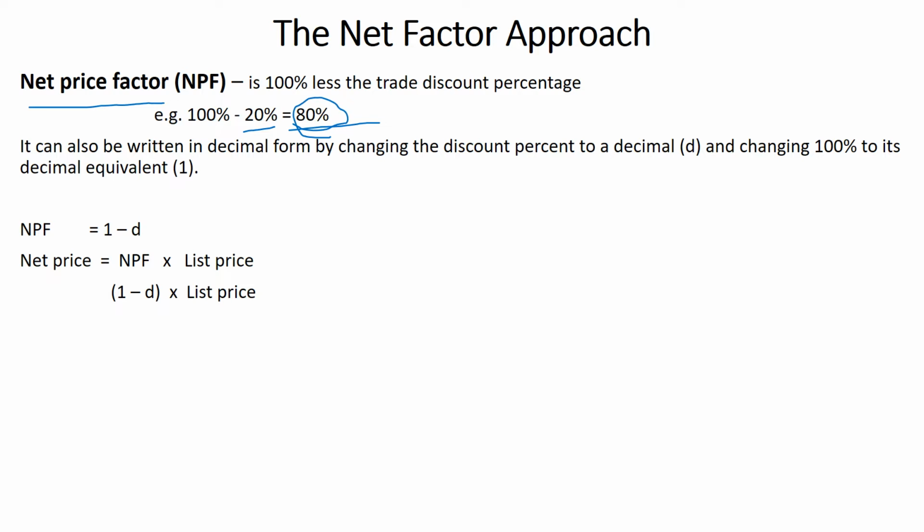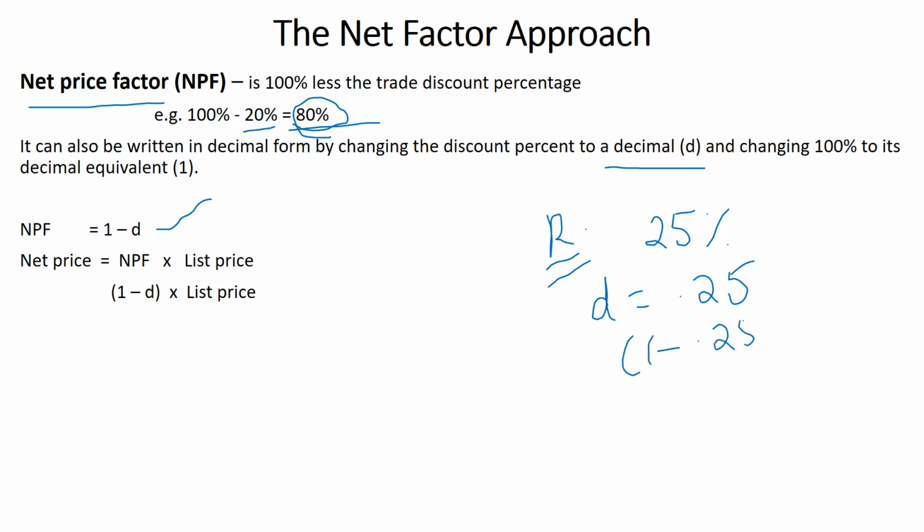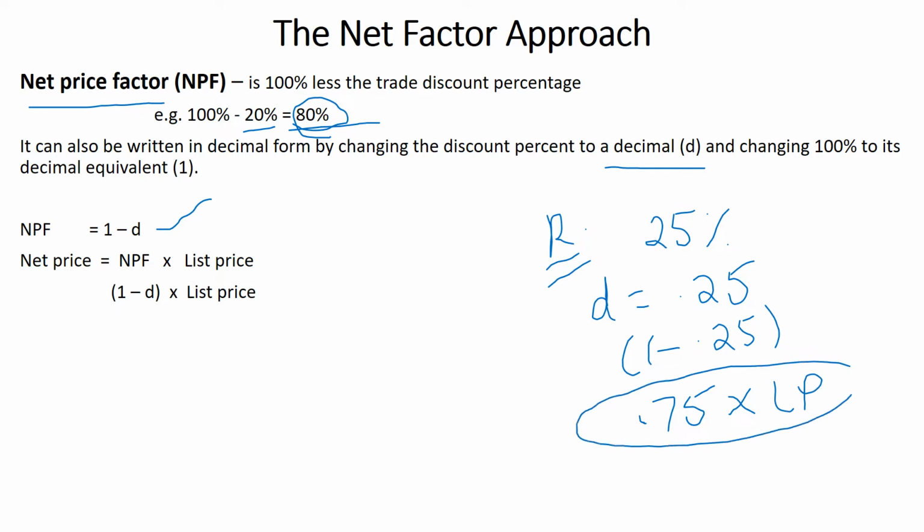If we denote any rate of discount by D, then net price factor is 1 minus D. Let's say you are getting 25% discount, that is the rate of discount. So D becomes 0.25 and net price factor is 1 minus 0.25. That means you're going to pay 0.75 of the list price. That will be the net price.